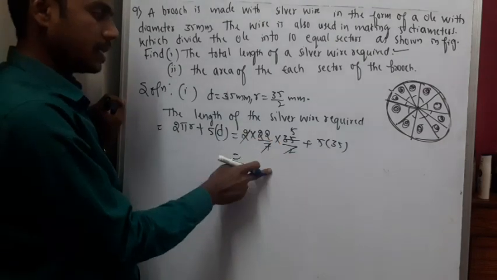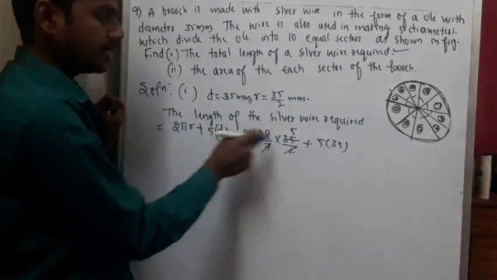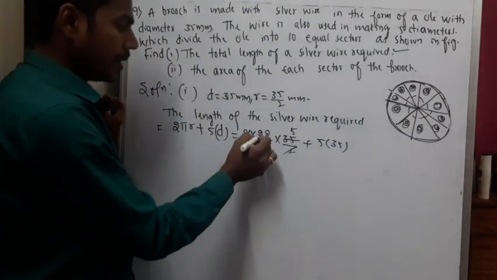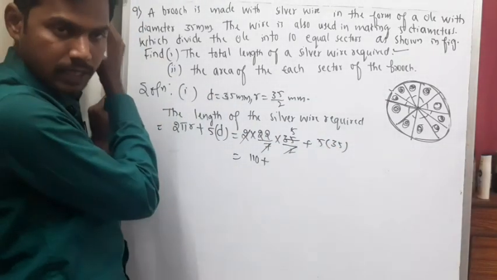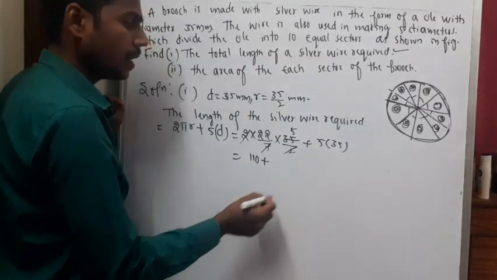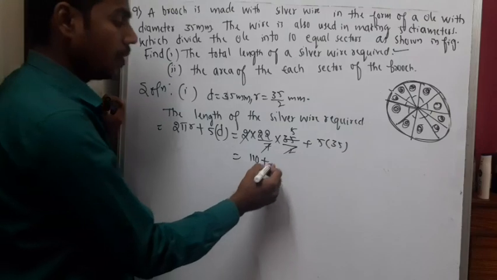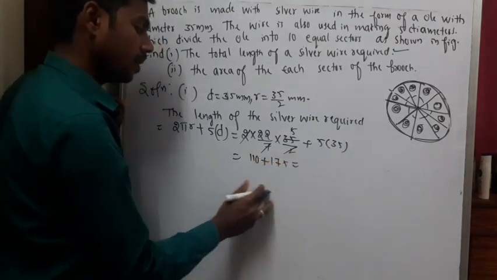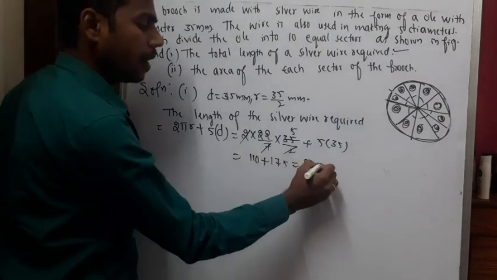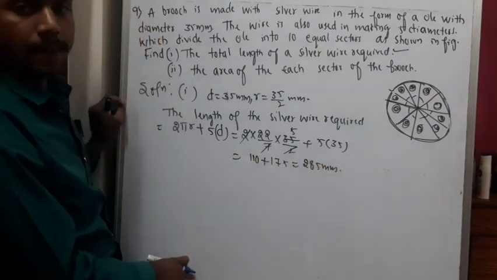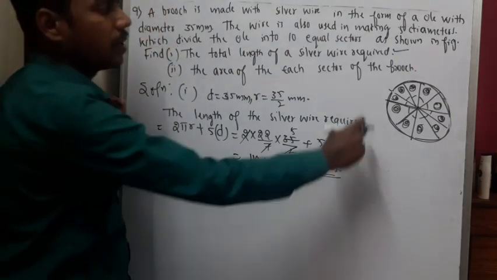Now 2 fives are 10, 11 times 5 are 55... 35 times 5 is 175, so 110 plus 175 is 285 mm. So this is the length of the silver wire required for this particular brooch.